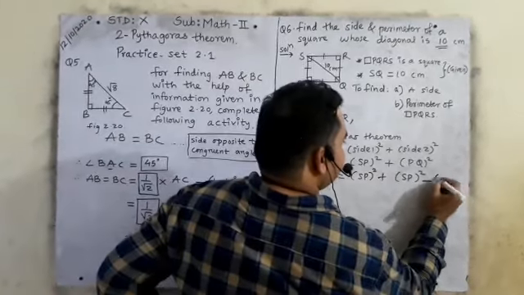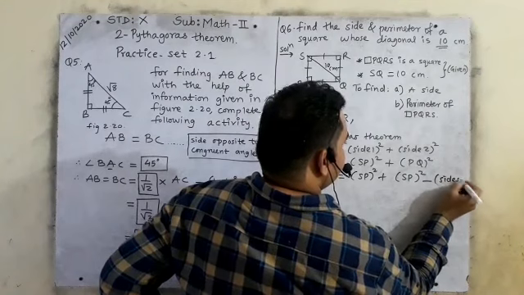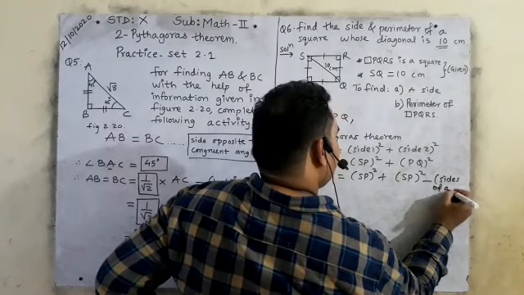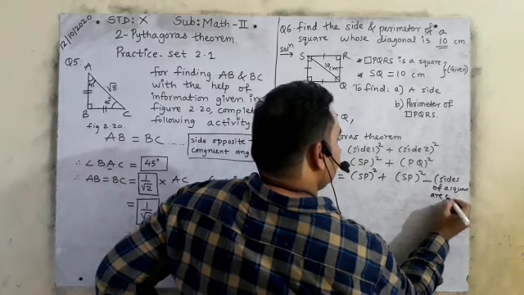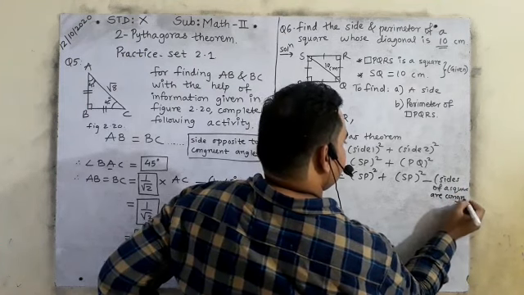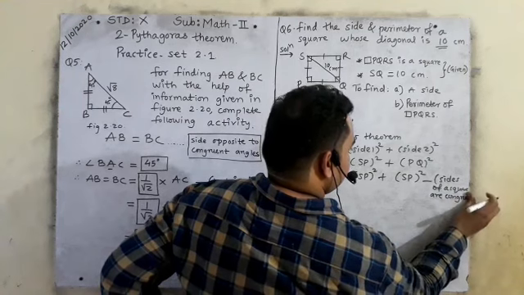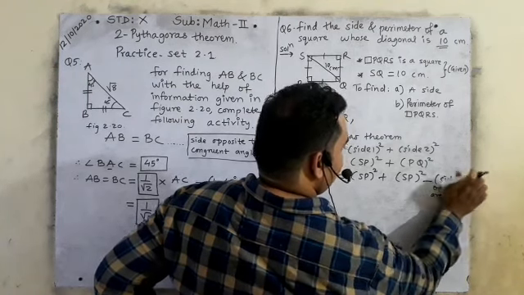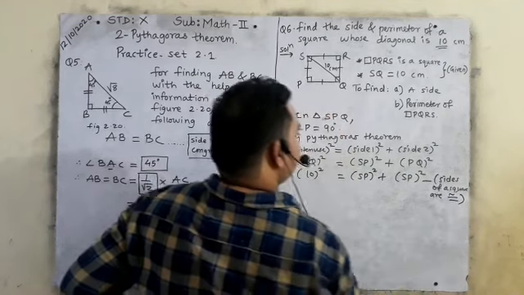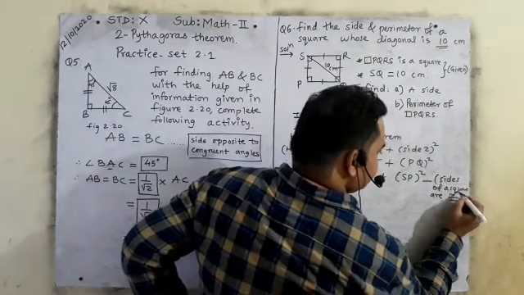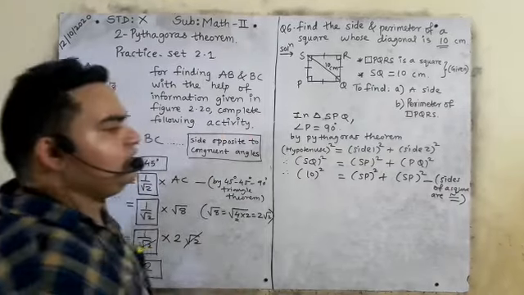Why have I written like this? Sides of a square are congruent. I am using a symbol over here, but you can use a proper sentence: sides of a square are congruent.